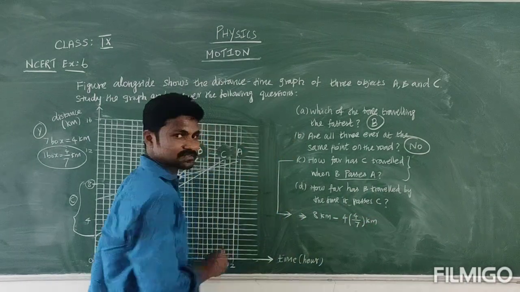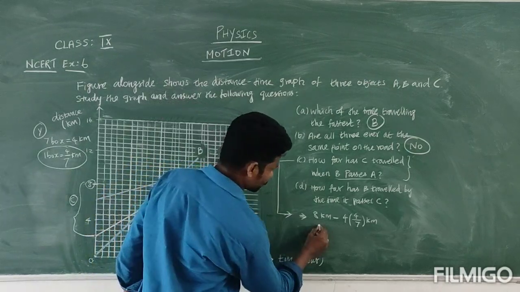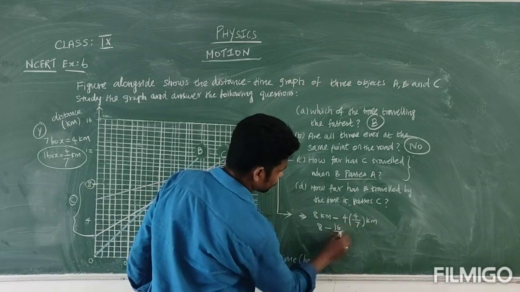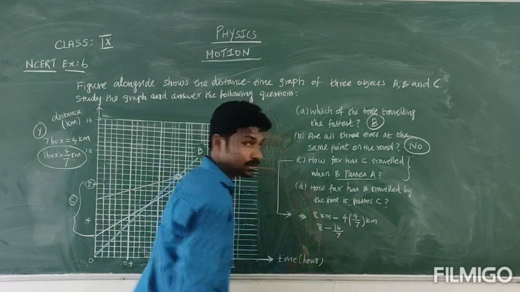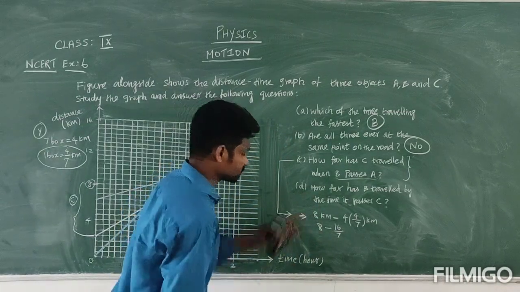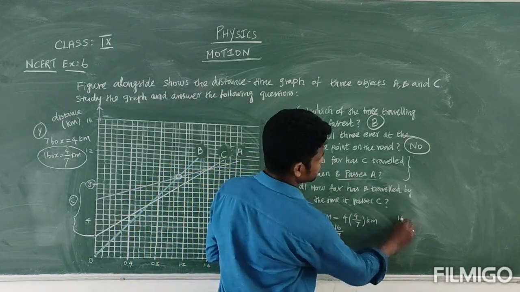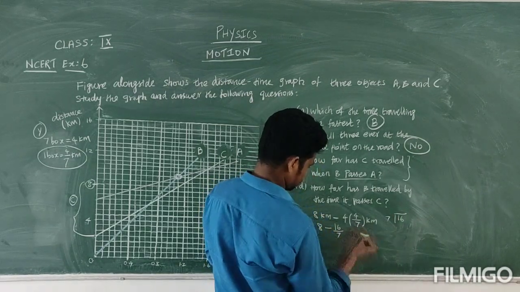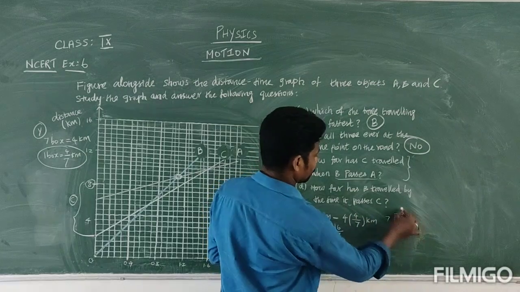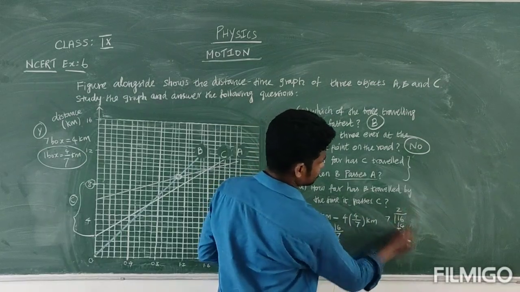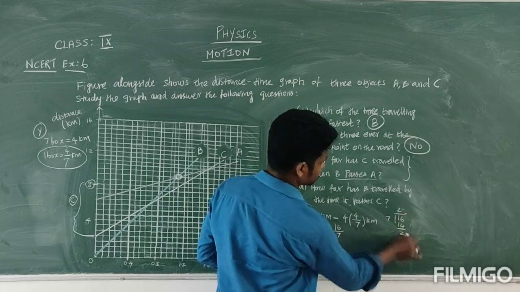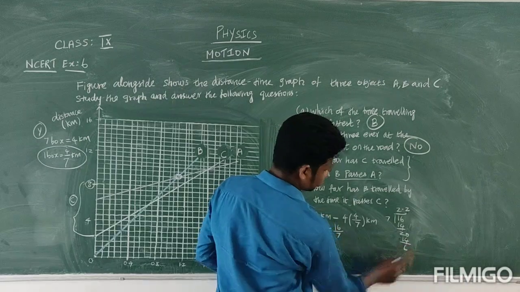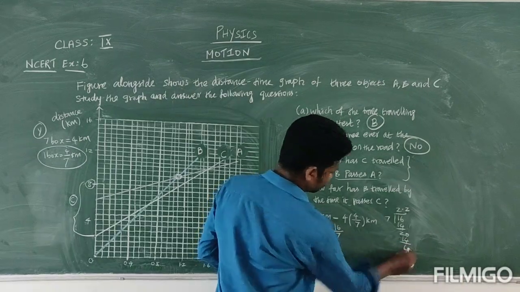So we want to simplify this. You can write 8 km minus 16 divided by 7. 16 divided by 7: 2 times, the remaining 2, add 0. Again 2 times, the remaining 6, add 0.